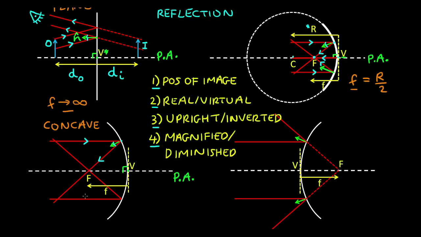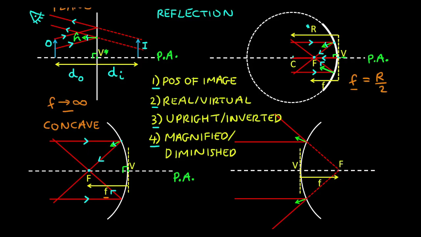And again, if we have another parallel light ray to the principal axis, that gets reflected in a similar manner. So all the reflected light rays pass through the focus. And here we measure the distance of the focus from the vertex and denote it as f. So for a parabolic concave mirror, the reflected light rays, due to incident light rays that are parallel to the principal axis, converge at the focus.